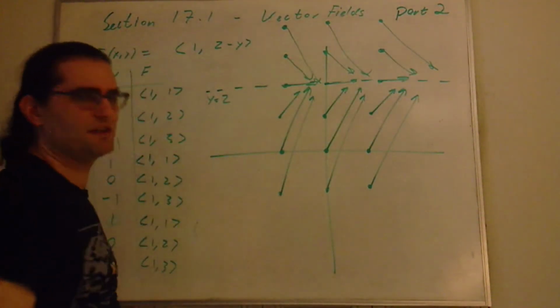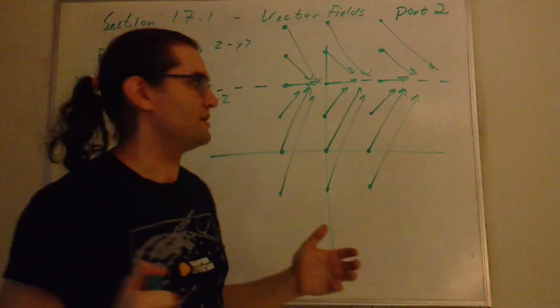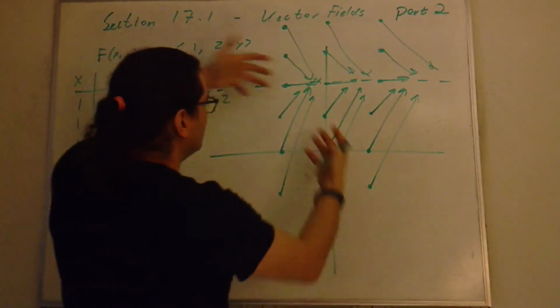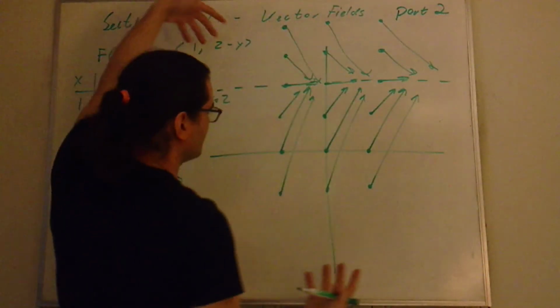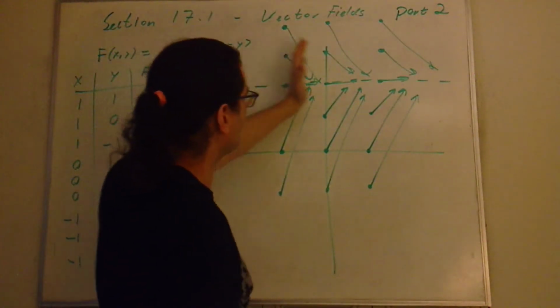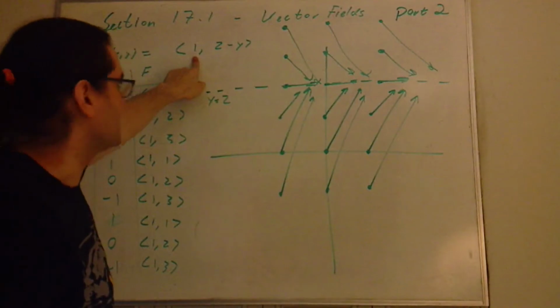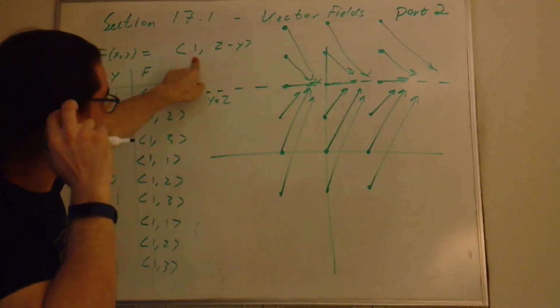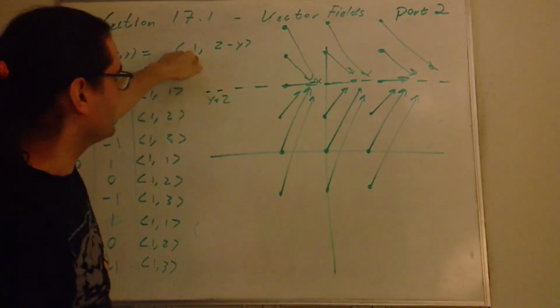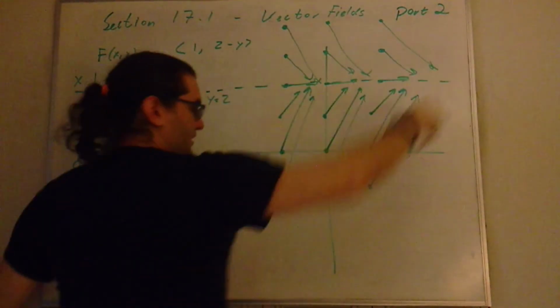So I mentioned earlier, the first example we did, we had this sort of crisscross pattern where things were going this way. Now things are going this way. Everything is always moving to the right with this much force or this much speed or this much velocity or whatever this thing represents. And everything is moving vertically, everything is moving towards this line.